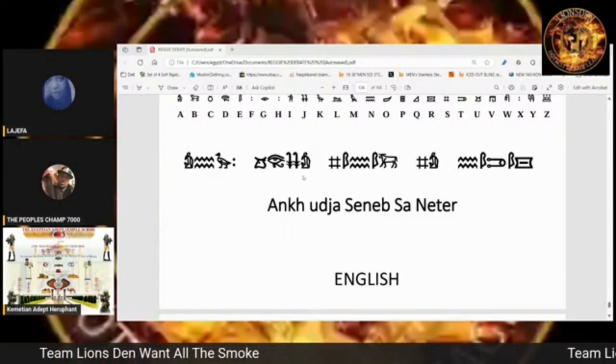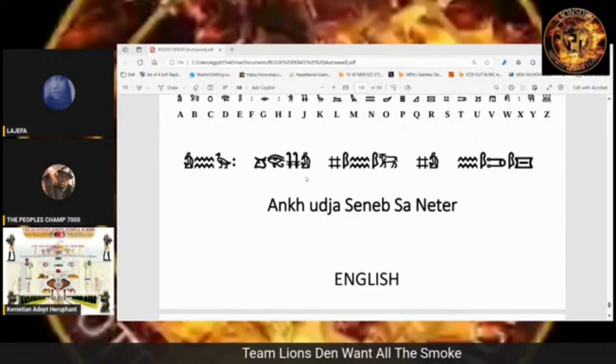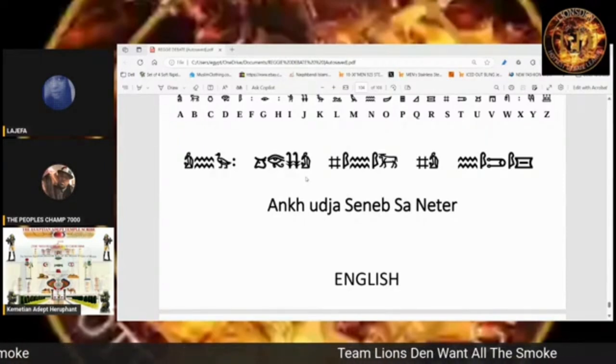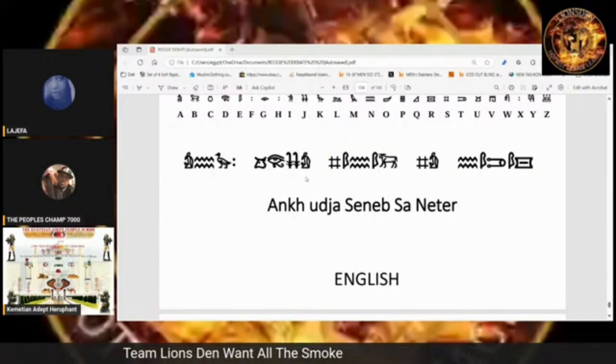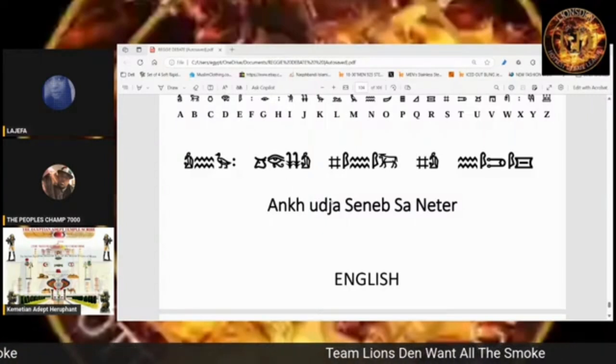Y'all see that last little alphabet chart I got up there? That's the one I created and mapped to the English letters when I was showing them how easy it is to create an alphabet chart. I was making a mockery. And then I asked them what it meant, and it said Uncle Ajet Saneb Sarnetta. I had them translated. What these symbols mean was basically life, health, and prosperity be upon you, Sarnetta.